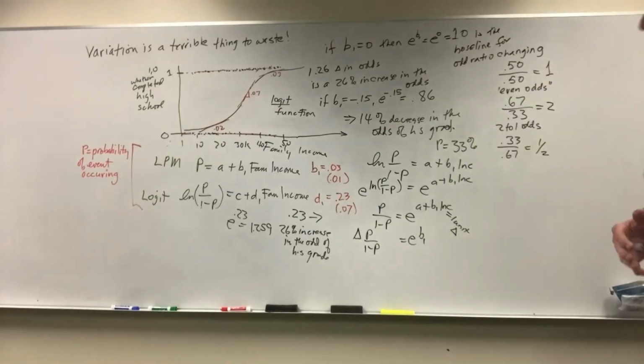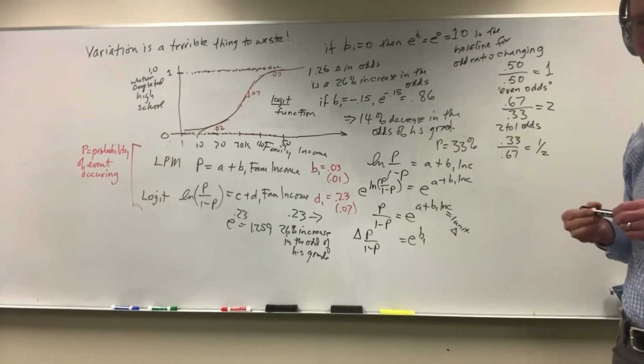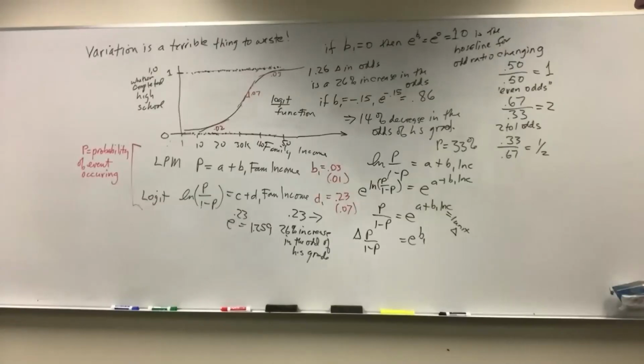All right, I went over that quickly. What questions do you have? Greg, I have a quick question. Sure. Could we also represent the equation as e to the B1 minus 1 times 100? That way we could turn it into a percentage? No. I mean, you're still dealing with odds, right?